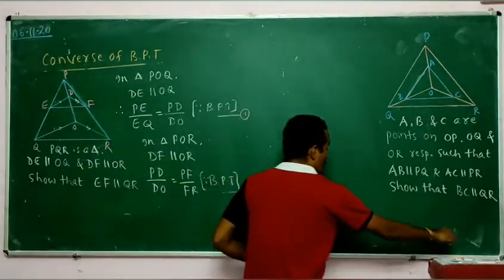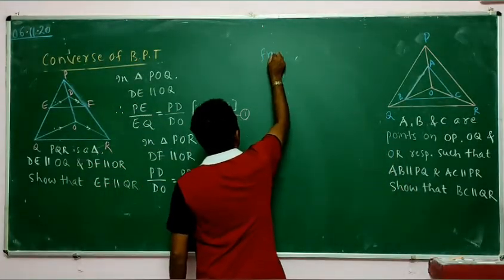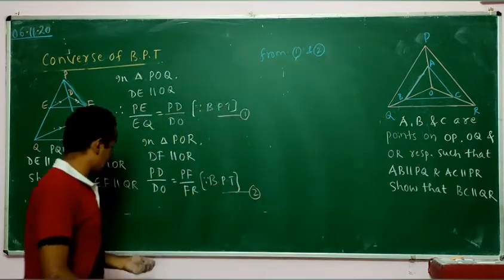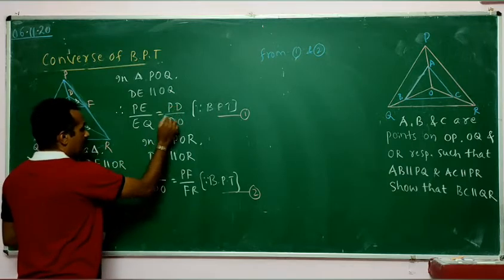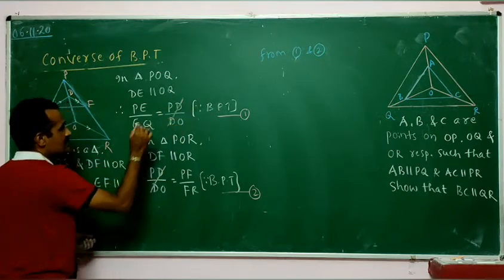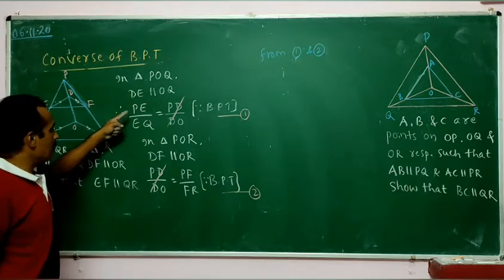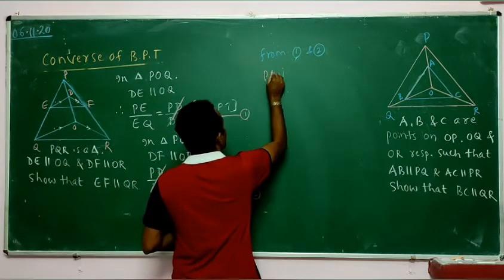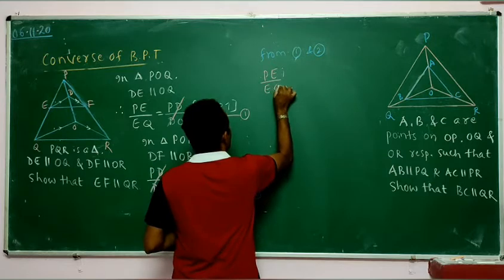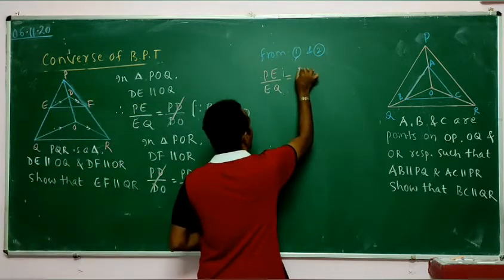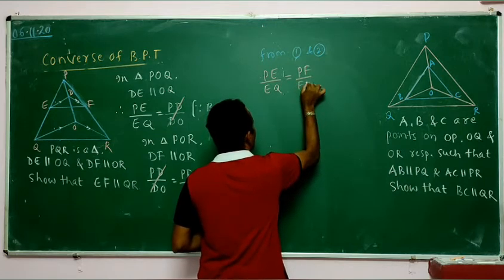Okay, from equation 1 and equation 2, something will be getting cancelled. PD by DO is getting cancelled, and we can write PE by EQ is equals to PF by FR.